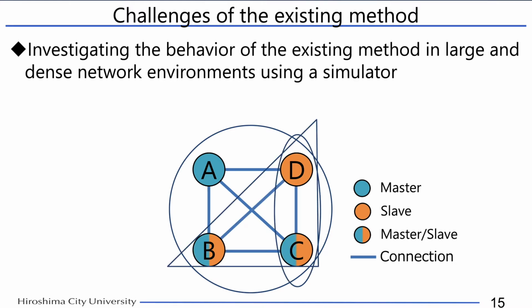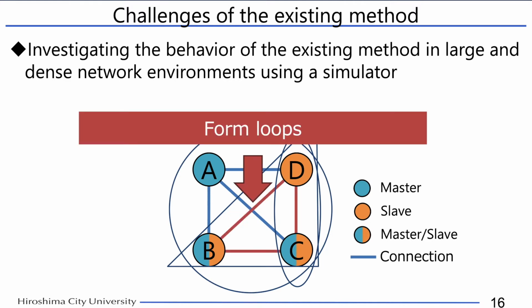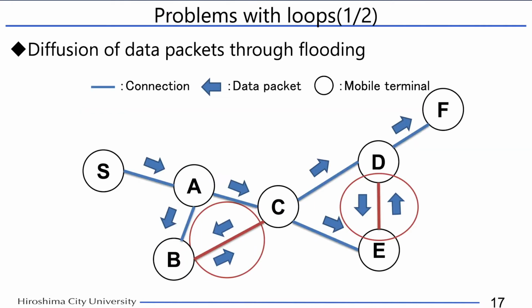It turns out that in a dense network, connections are formed more than necessary by the existing method. In this picture, in the piconet with A as the master, there is an unnecessary loop shown by the red line. Why the loop is formed by the existing method will be explained in detail later.